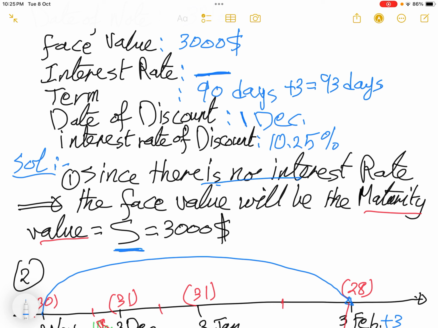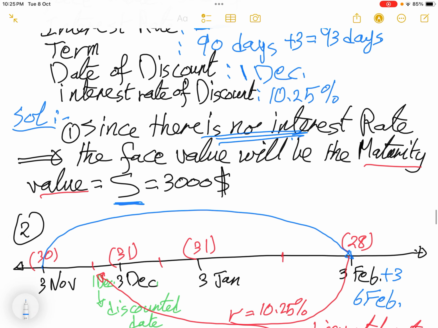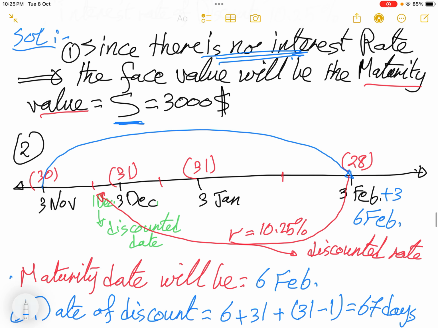Be attention here. No interest rate. Here, November, December, January, February. We notice November 30 days, December 31, January 31, February 28.